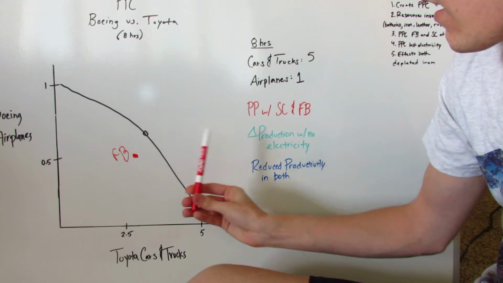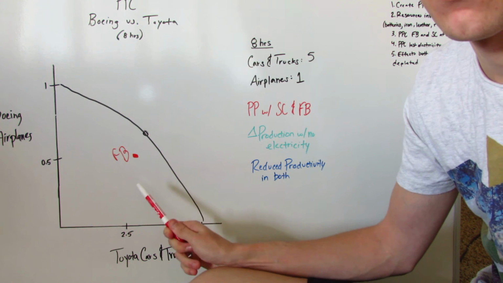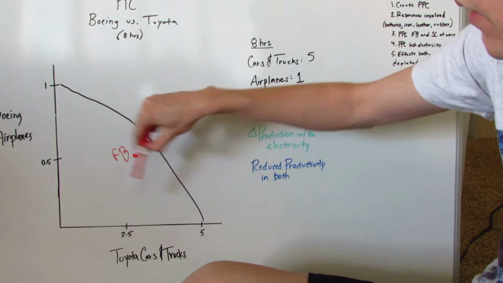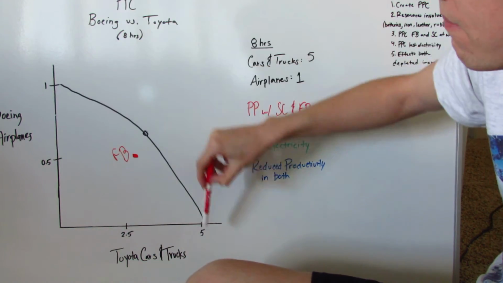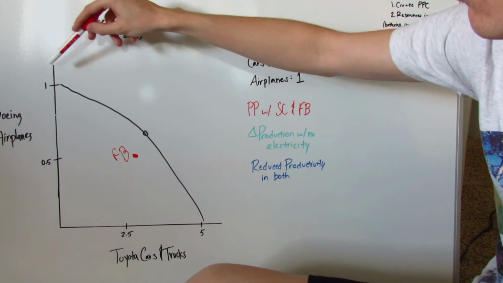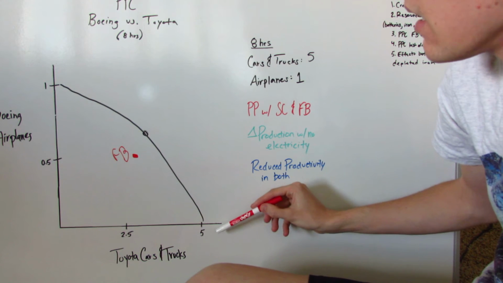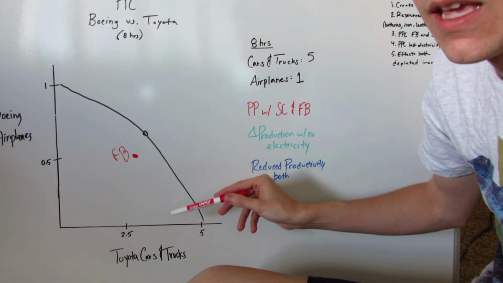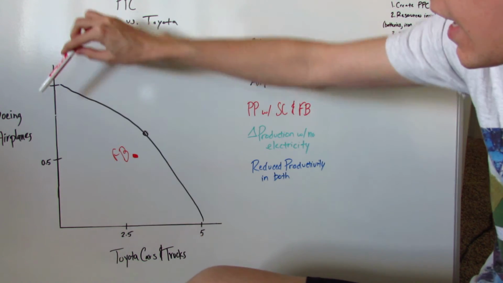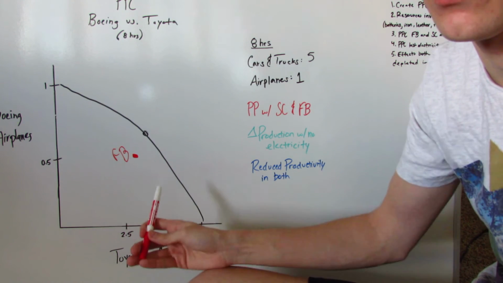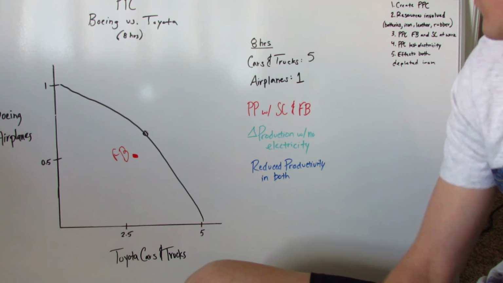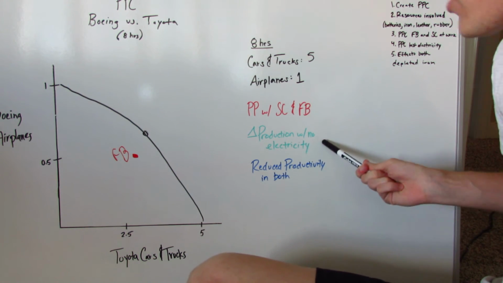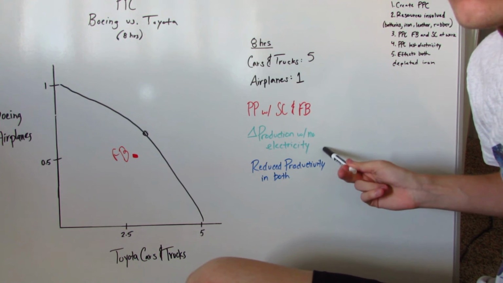But if they're not paying enough attention and there's time wasted in the assembly process, then we can't actually hit 5 cars or 1 airplane, or any mix of them. We'd get a little bit less than 1 Boeing airplane and maybe just a couple trucks. We can't hit peak efficiency because we have employees who are wasting time.